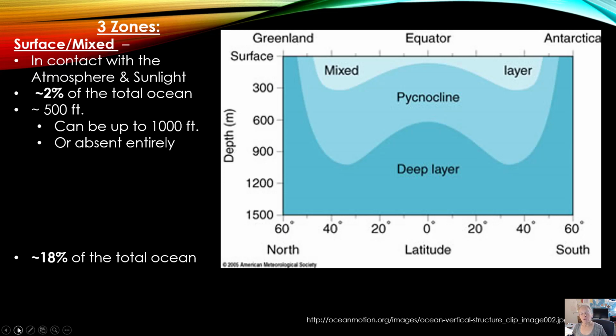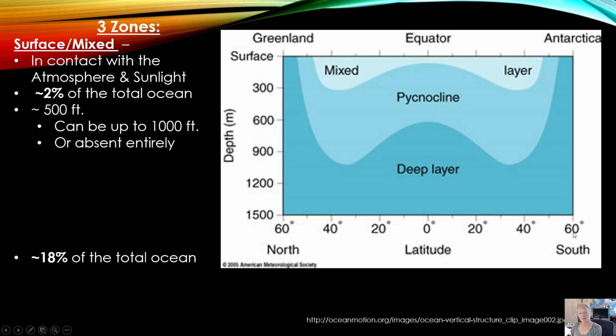This is the smallest part of the ocean. It only takes up about 2% of the total volume, but it's very, very important because that's where most of the food chain begins. It varies, as you can see from this. Let's look at this diagram here. So right here is 0 degrees latitude, so that's the equator, right?